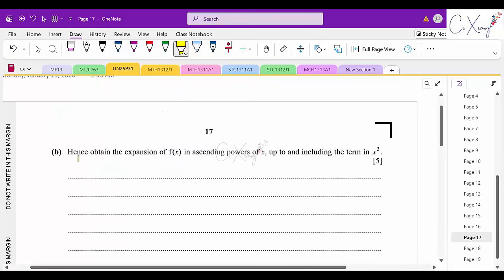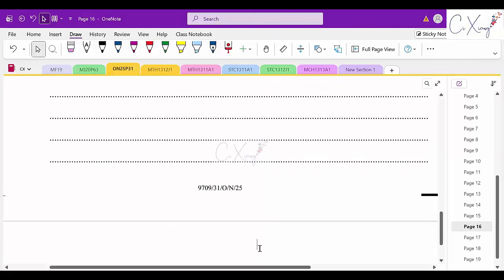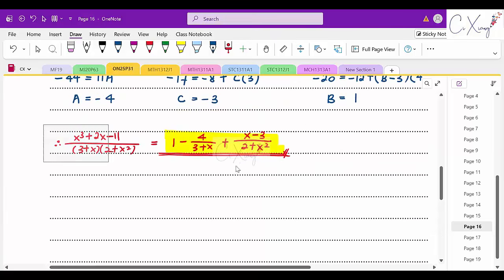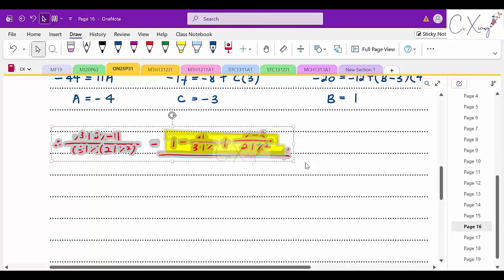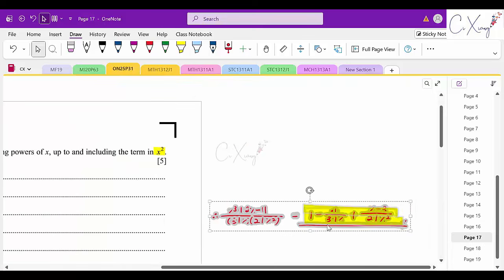Now they want you to obtain the expansion of f(x) in ascending powers of x up to and including the term in x squared. Okay, so when they want us to expand this one, let me copy it back here. This is what you have. And I want to use this answer.